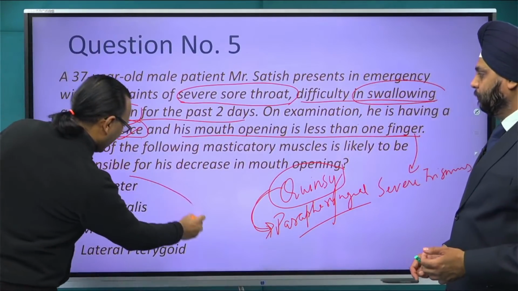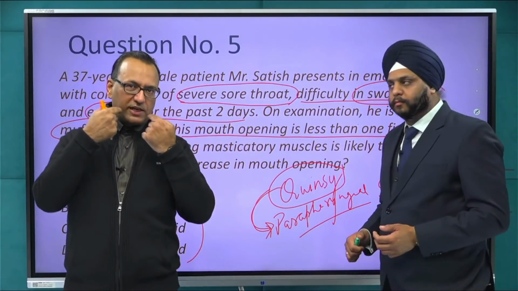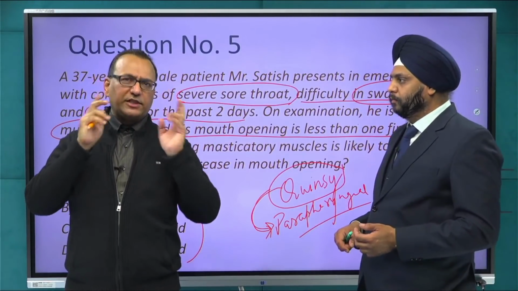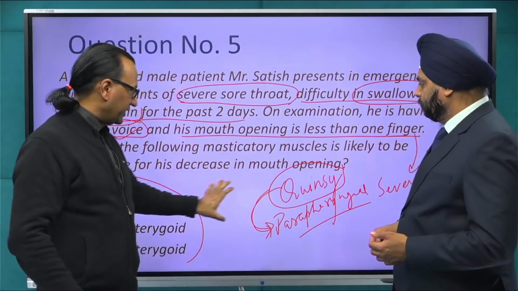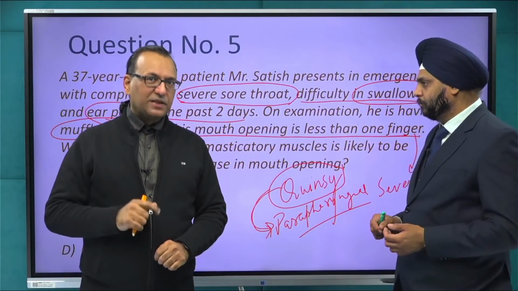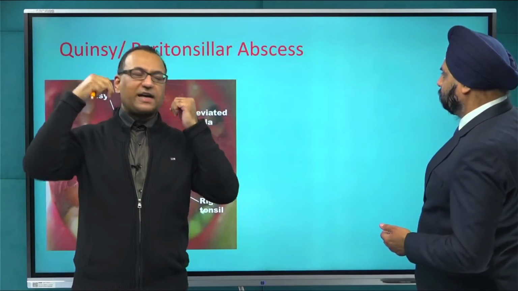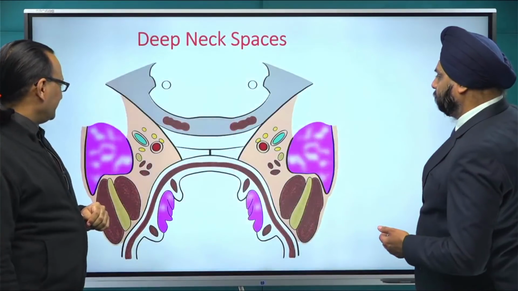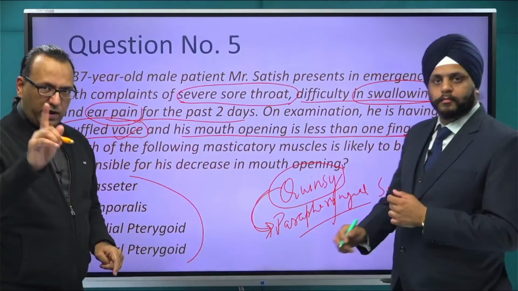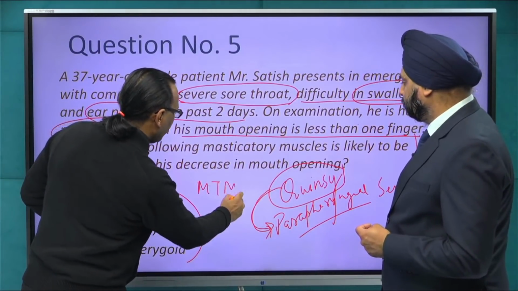Okay, how? I think sir is a better person to explain that thing. Sir, here, as you are explaining, tonsillitis, peritonsillar abscess can go lateral into the masticatory space, and which muscle is in immediate contact if it is something like a parapharyngeal abscess? The ramus of mandible, outside is masseter. What is inside? We'll come to this diagram. But here, let me give you one mnemonic. There is this mnemonic MTM elevators.